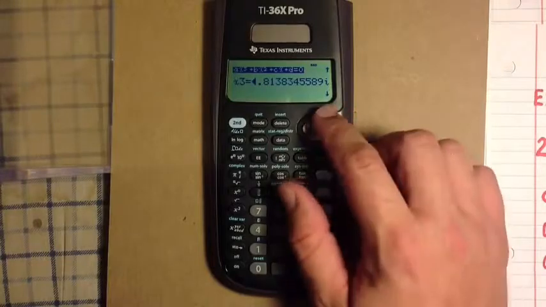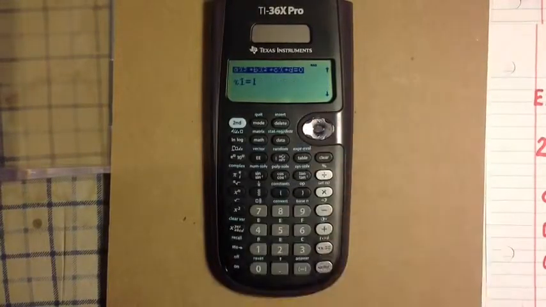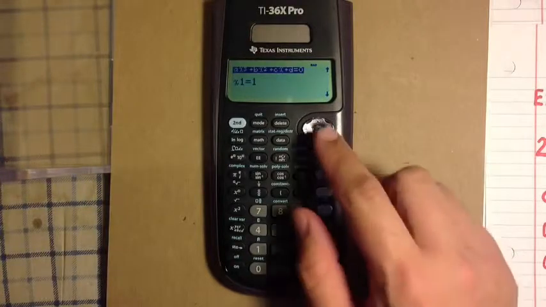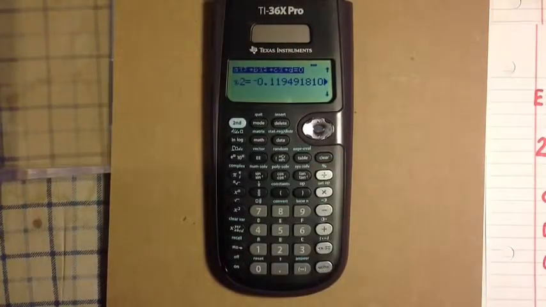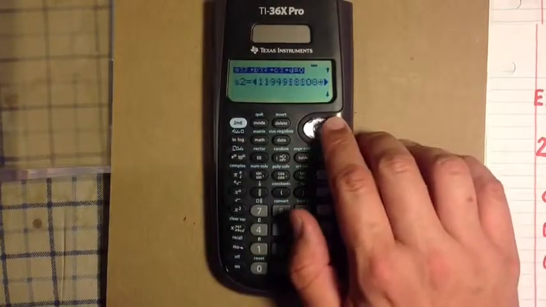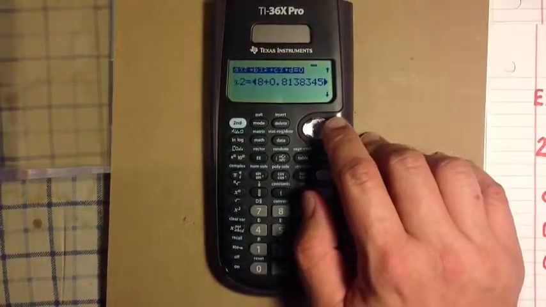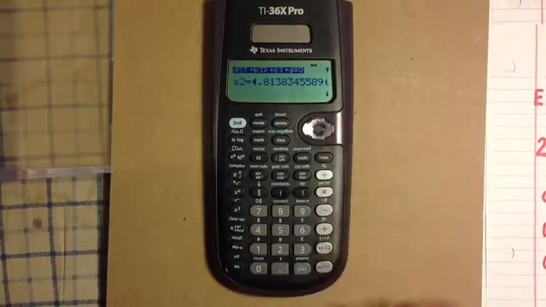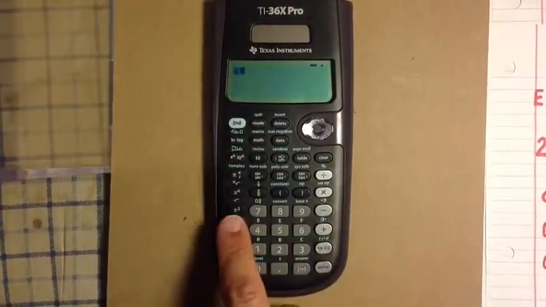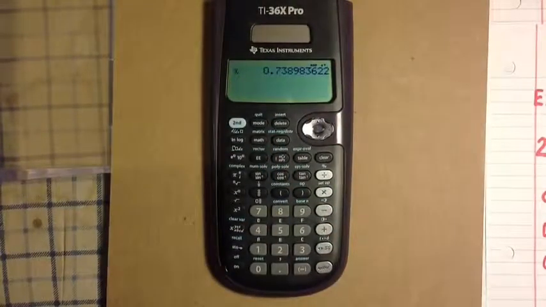So my 4 roots of the quartic polynomial are 1, approximately negative 0.11949 plus or minus 0.81383 times I, and the x from earlier, 0.73898.